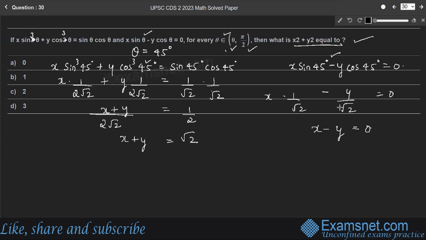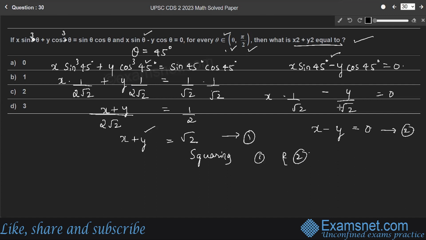So you can use any method: solve the two simultaneous linear equations to find the values of x and y, or directly take the square of equations 1 and 2.